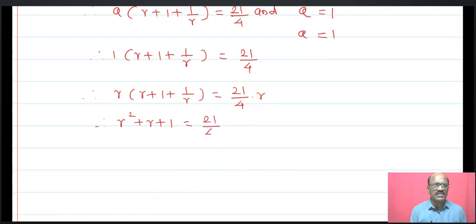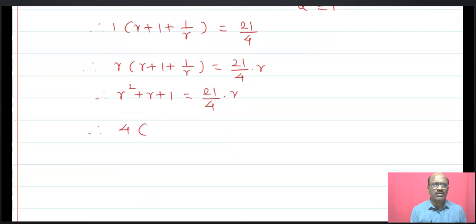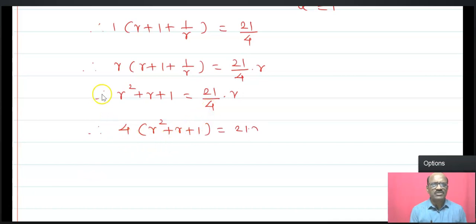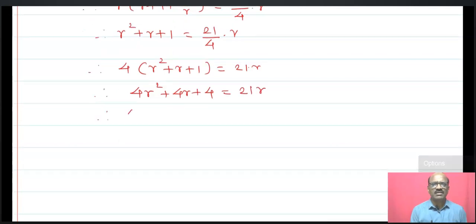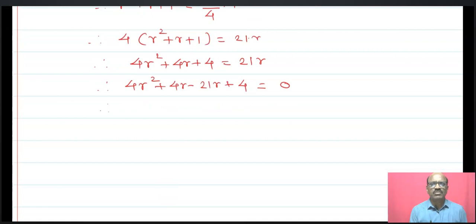Now we will simplify: the 4 here is a divisor, so when it comes to the left hand side it will be multiplied, and that's why you will get 4 into in bracket R square plus R plus 1, that is equal to 21R. Again, that is 4R square plus 4R plus 4, that is equal to 21R.